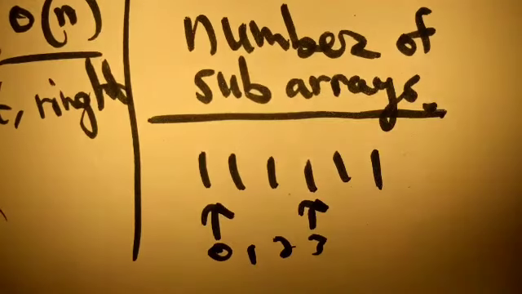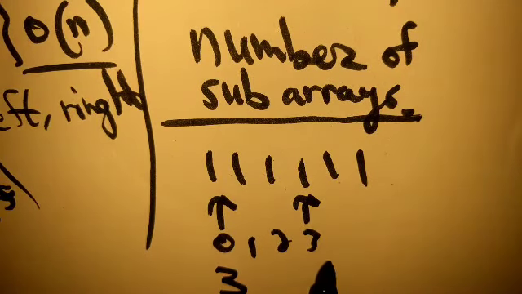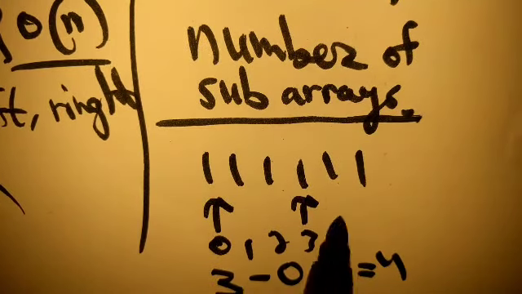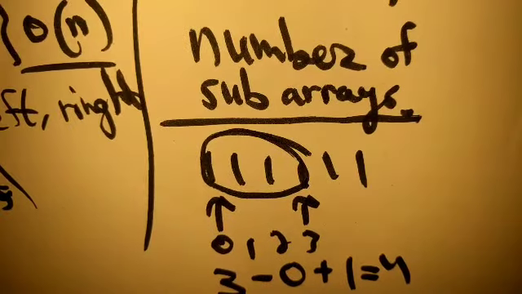It's simply 3, which is this index, minus 0 plus 1, which is 4. So we have here 4 items, and indeed we have 4 items.